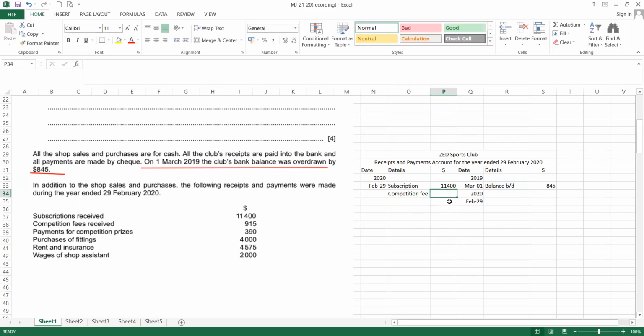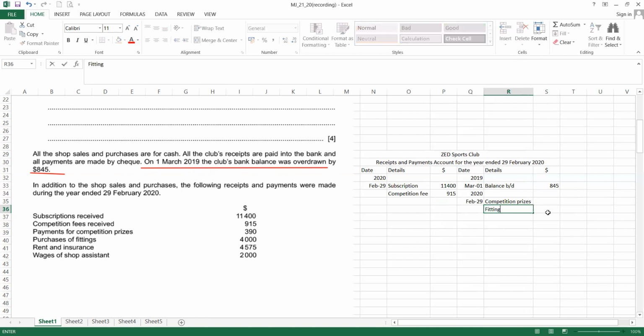11400 and then 915. Payment for competition price 39. That means we have to pay in here, which is competition price. Okay, next. Purchase of fitting. We just put fitting, non-current asset.